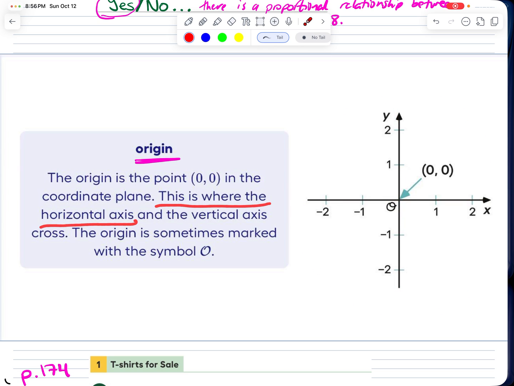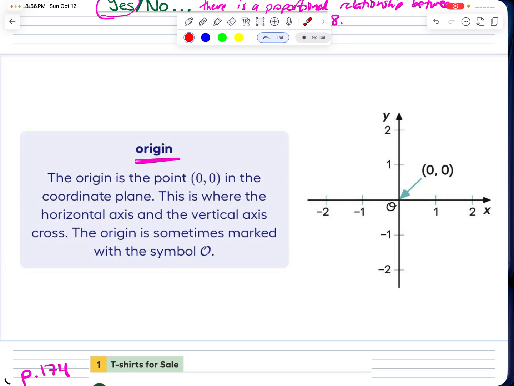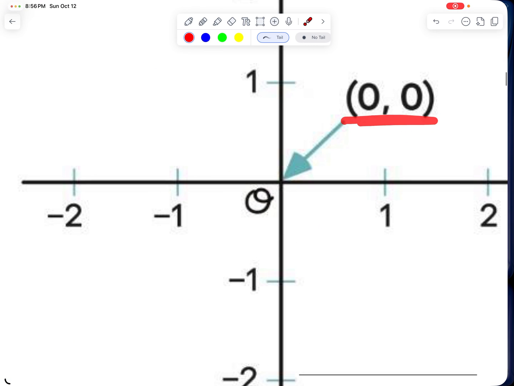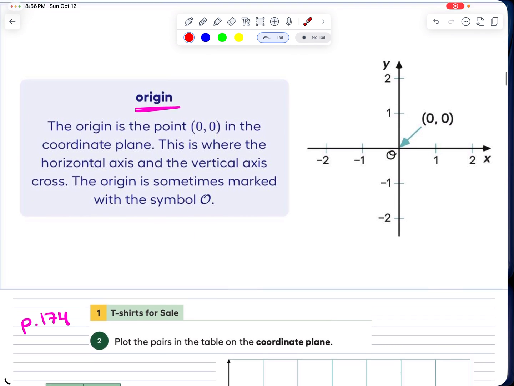This is where the horizontal axis and the vertical axis cross. The origin is sometimes marked with the symbol, I believe this is called theta. We mark it like this. It is just the point 0, 0, the center of that coordinate plane.